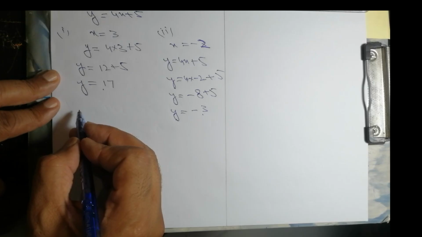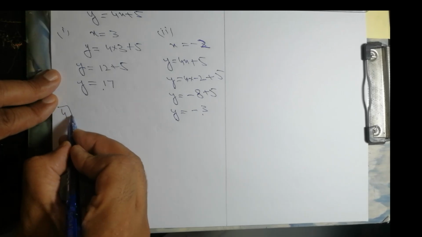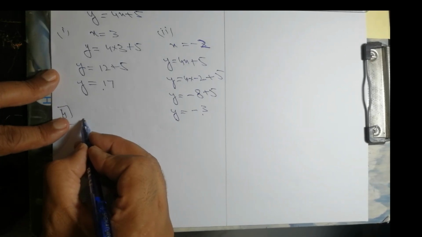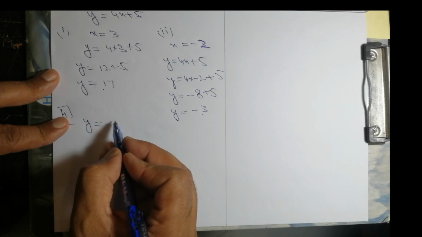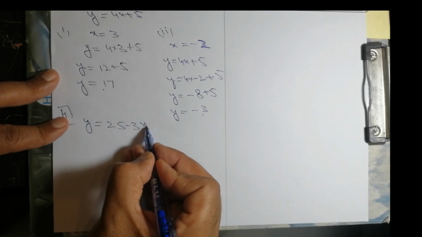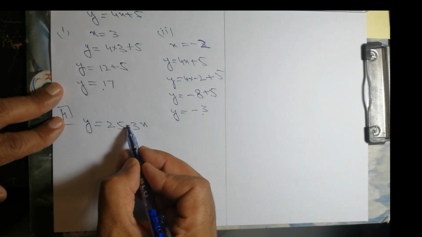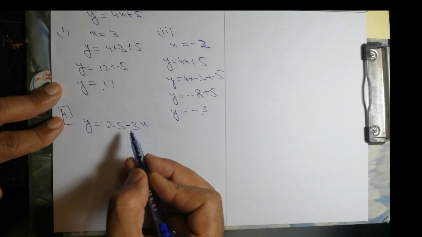Now question number 4. The equation of a function is y equal to 25 minus 3x. Now the term with x is in the second place, but it does not make any difference.